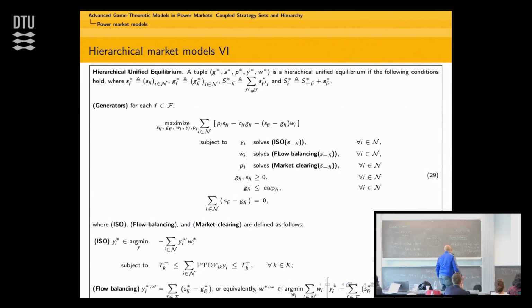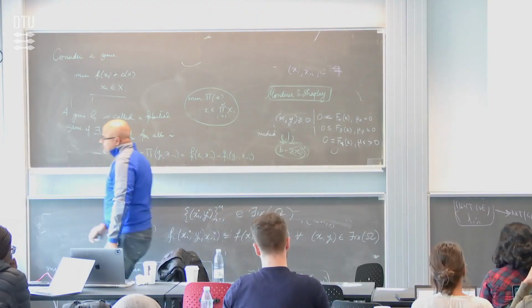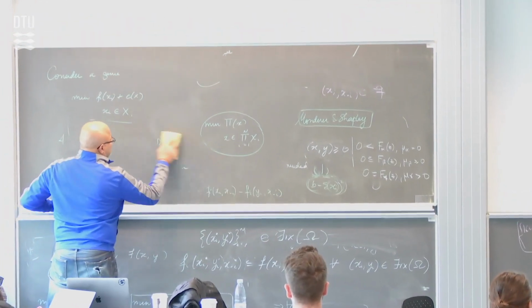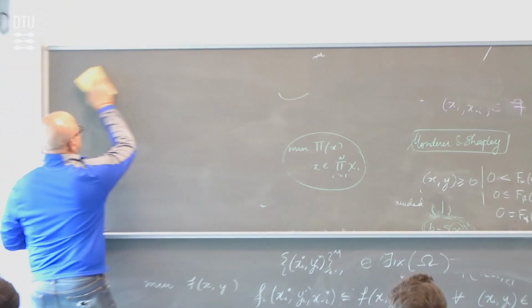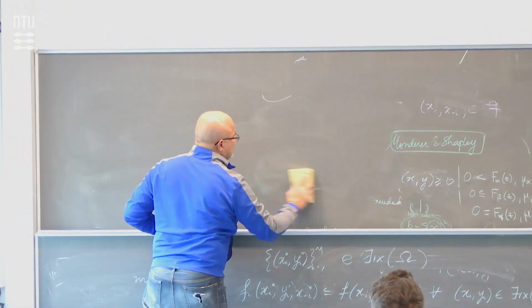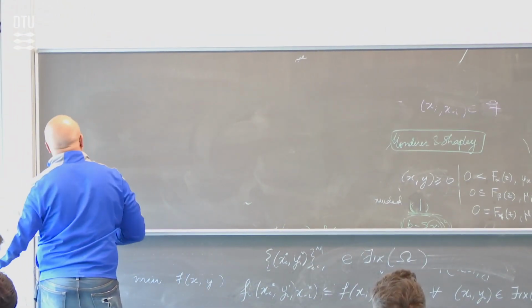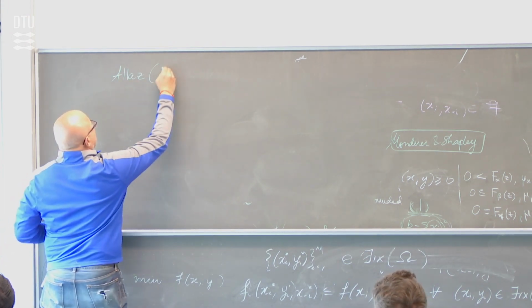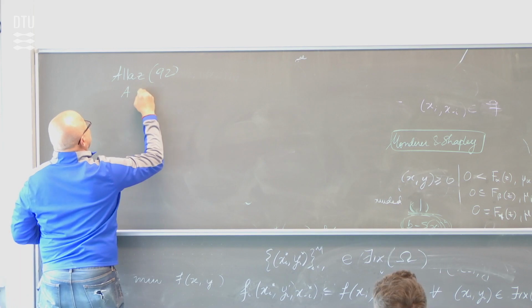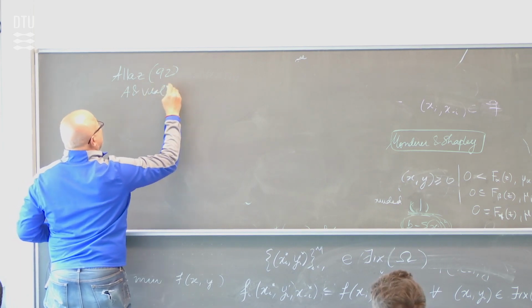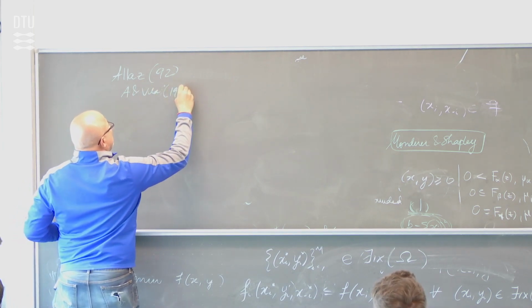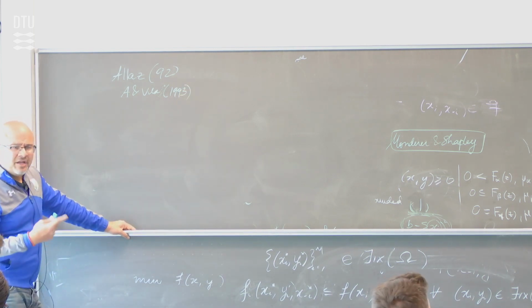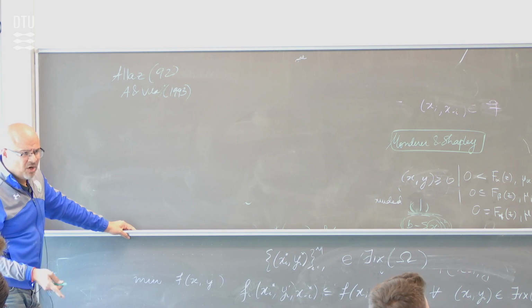Let me give you a quick blurb on that. There's this well-known paper by Allaz in '92 and Allaz and Vila in '93, I think. In this paper, firms compete in the forward market subject to the clearing of a subsequent spot market.